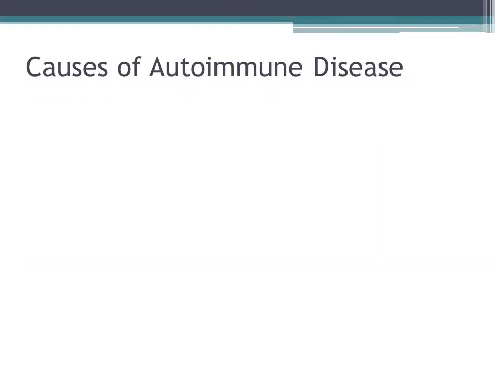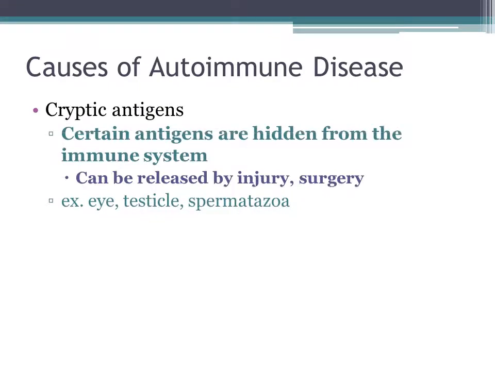In certain areas of the body, we have what are known as cryptic antigens. These are antigens that normally the immune system doesn't see. They're hidden away, hence the term cryptic. However, if there's injury to those organs or sometimes surgical manipulation, those hidden antigens are released, and then the immune system sees them and goes about mounting an attack on them.